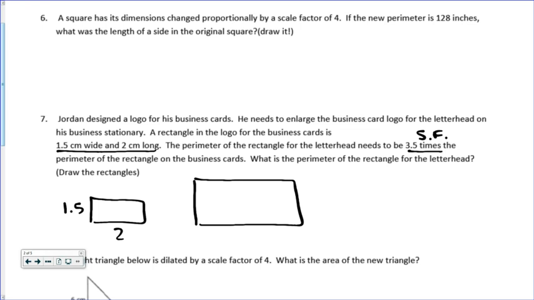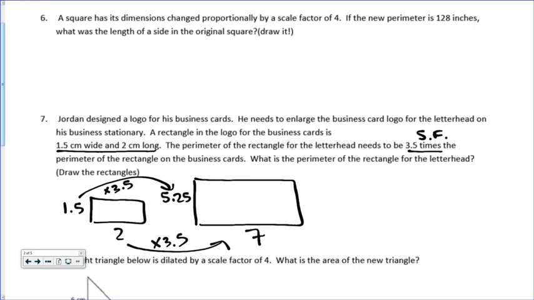Okay, so you can either figure that out. So 1.5 times 3.5 is 5.25, and 2 times 3.5 is 7.